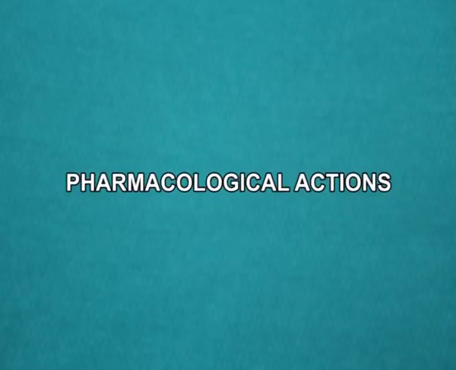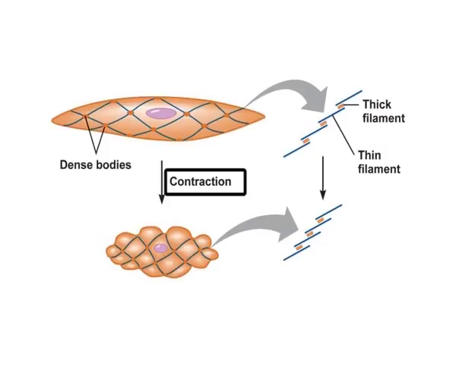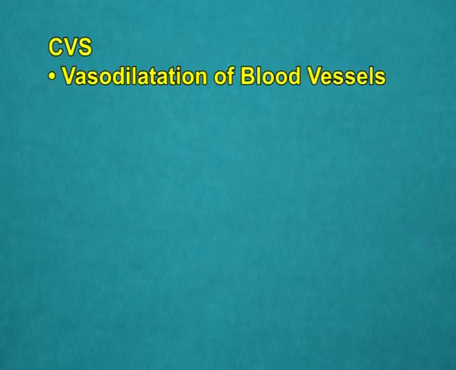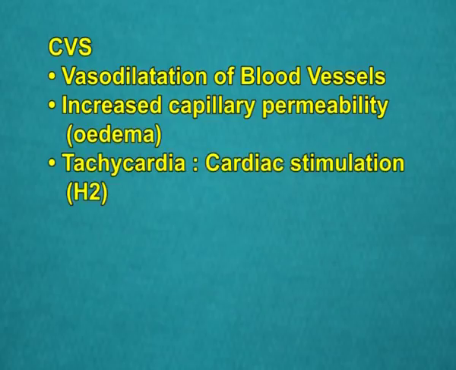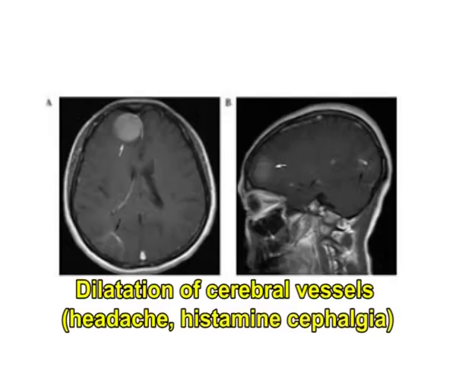Now we are discussing the pharmacological action of histamine. It causes contraction of smooth muscles of bronchi, uterus and GIT. In the CVS, it causes vasodilation of blood vessels and increased capillary permeability, that is called edema. It may also cause tachycardia and cardiac stimulation due to H2 receptors, and dilation of cerebral vessels causing headache, histamine cephalgia.